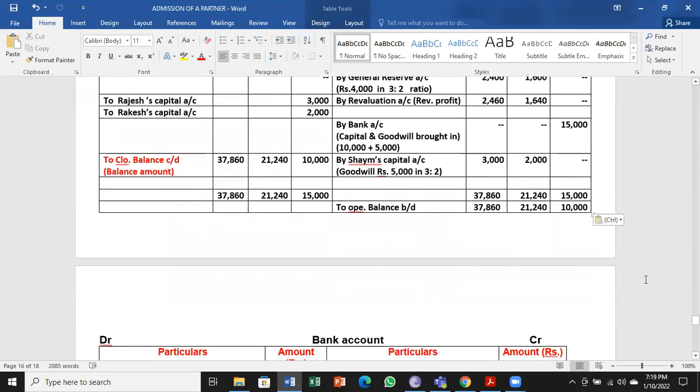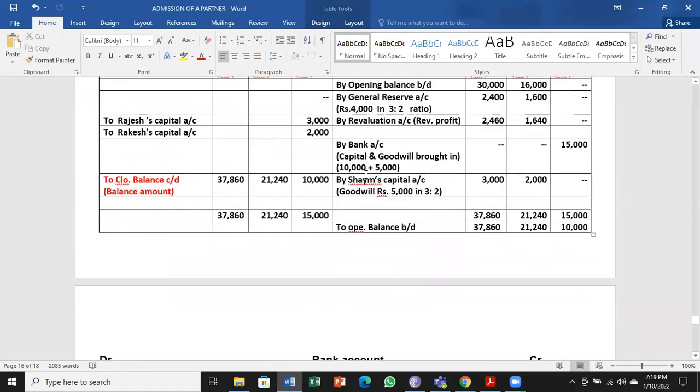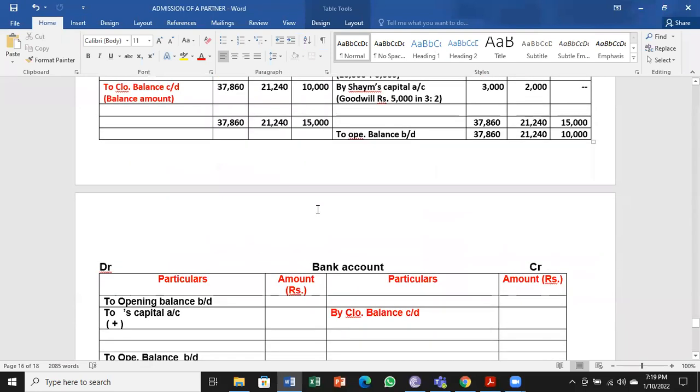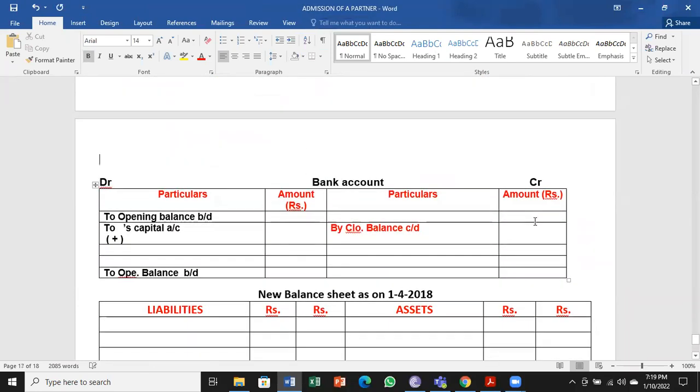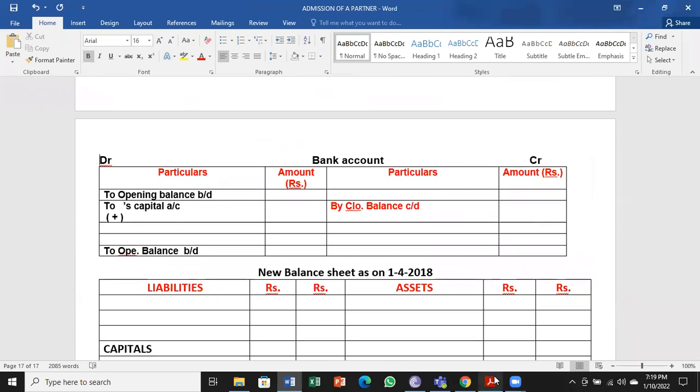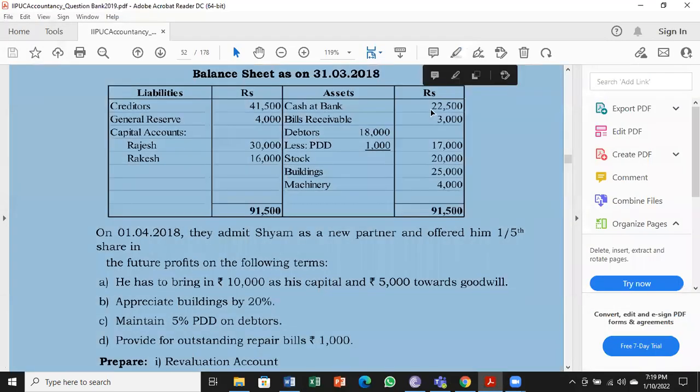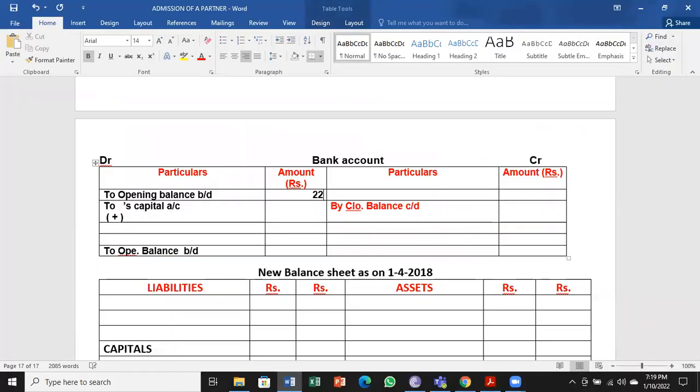So partners capital is completed, balances I have done. So let me move on to the bank account. Bank account from balance sheet 22,500. So 22,500 is the opening balance brought down from the balance sheet. Remember all the time.